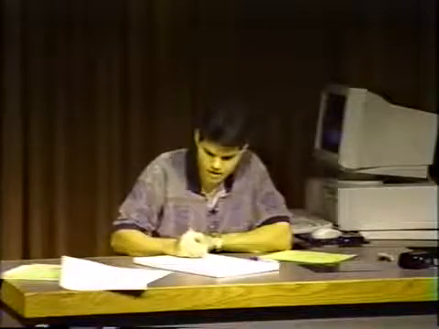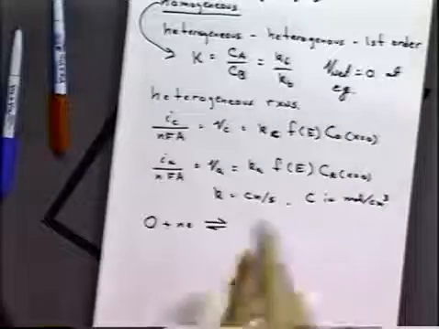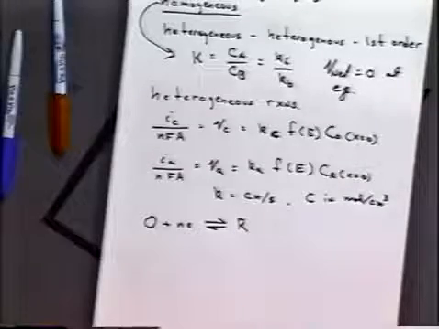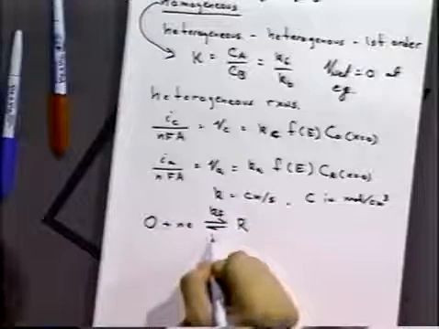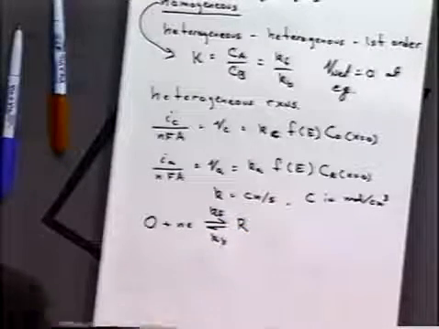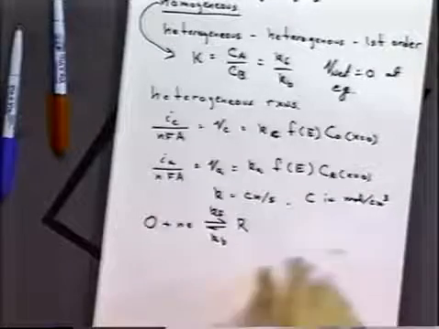So let's see if we can derive a parameterized semi-empirical expression for this electrode process. Species O plus some number of electrons going to species R, with rate constant Kf for O to R and Kb for R to O plus Ne.